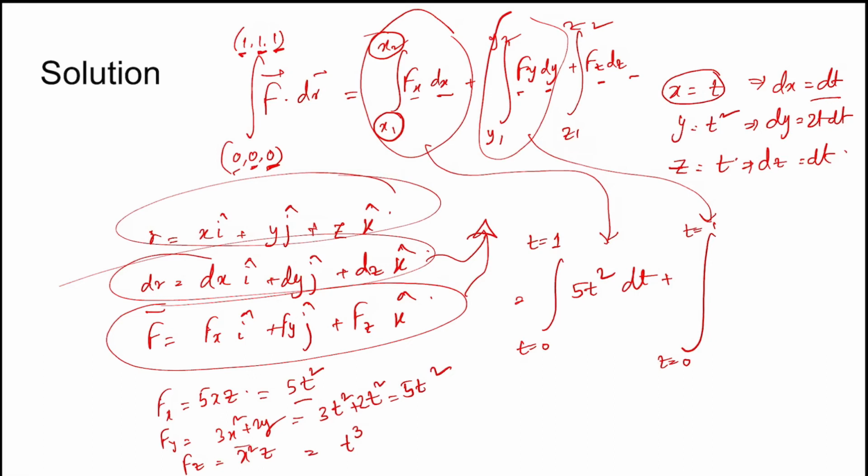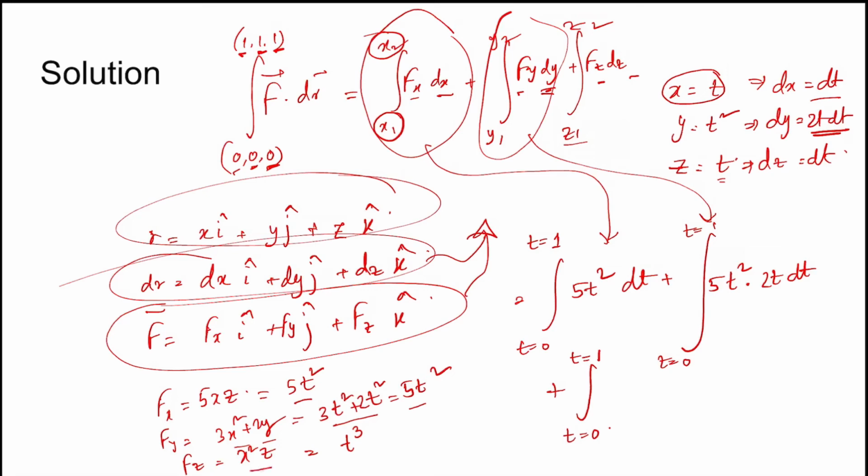Then fy is 3x square plus 2y, which is 3t square plus 2t square, 5t square again, into dy value 2t dt, plus the integration of z, z1 is 0, so t is 0, that is the initial value of t, and z2 is 1, so t is also equal to 1.